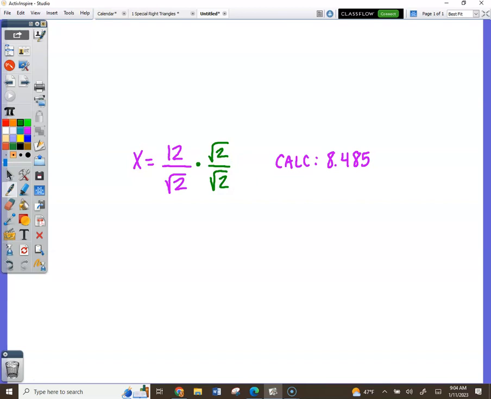So we multiply by root 2 over root 2 because that's a fancy 1. Remember to just multiply straight across. So you get 12 root 2 over square root 2 times square root 2, which is square root 4, and the square root of 4 is 2.